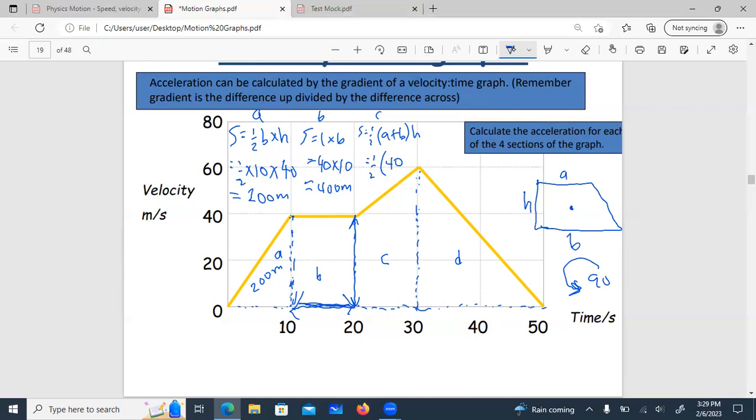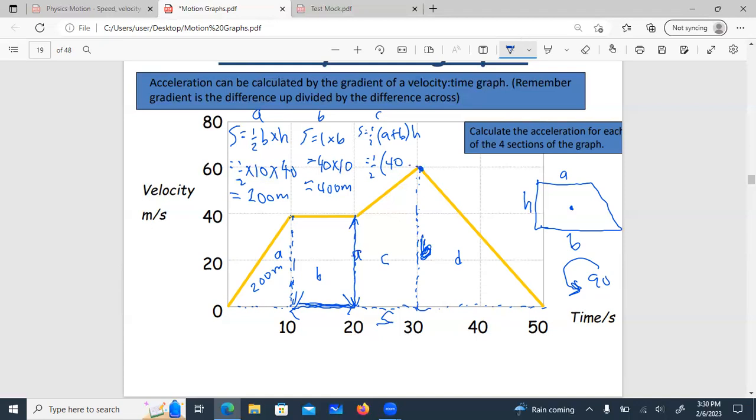So this is our A, this is our B, and this is our height. Our height here is from 20 to 30, which is 10 seconds. What's the value of our B? Our B is the value we have here, and the value we have here is 60.